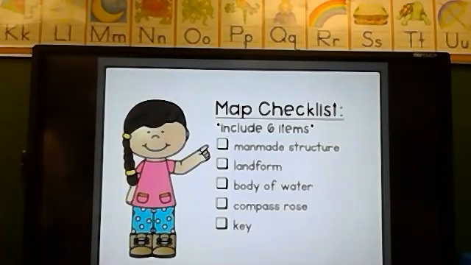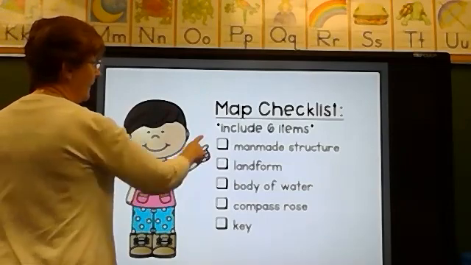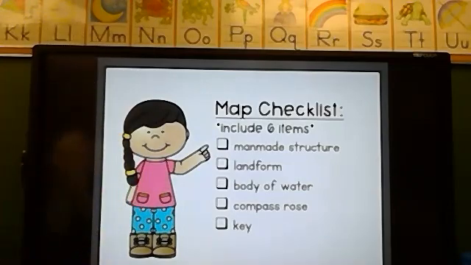Because now, in your assignment box, you're going to find all of this information, but I still want you to listen carefully. And if you are not sure, you can always go back and rewatch the video to get the information for the project that you are going to complete, okay? Your map checklist has to include 6 items.